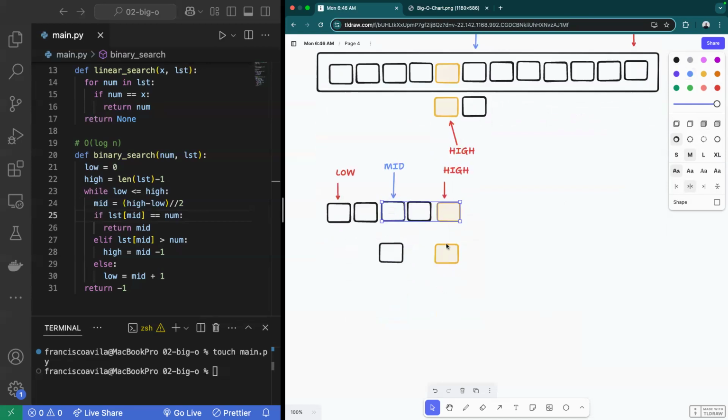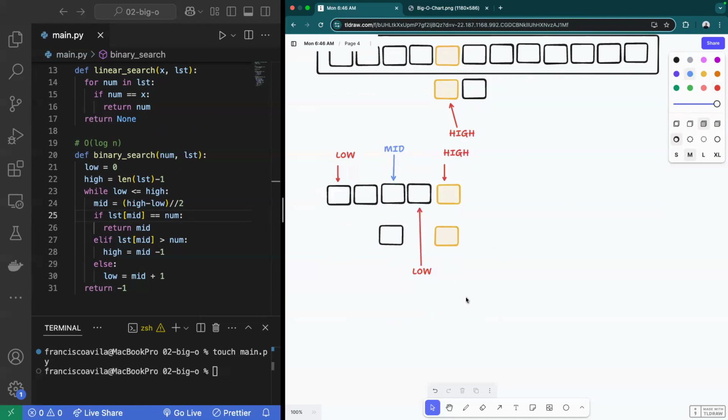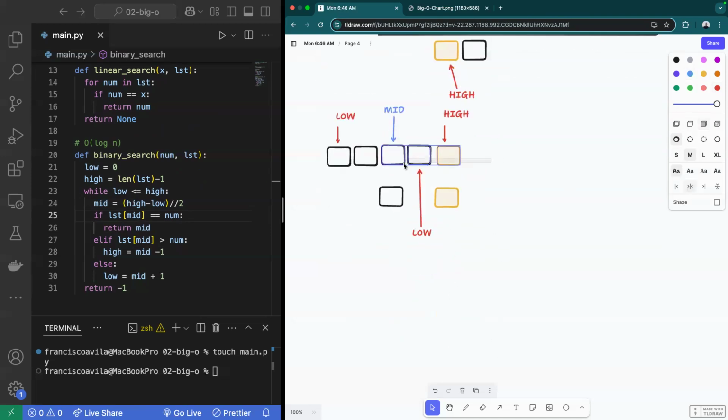Because it is less than the number we're looking for, it's going to reassign low, or excuse me, it's going to reassign low to be mid plus 1. There you go. We are getting there.